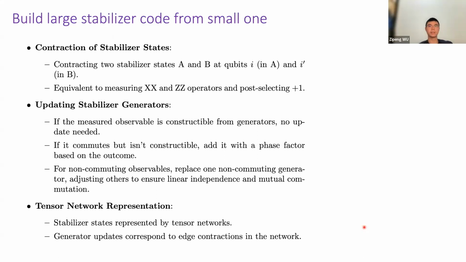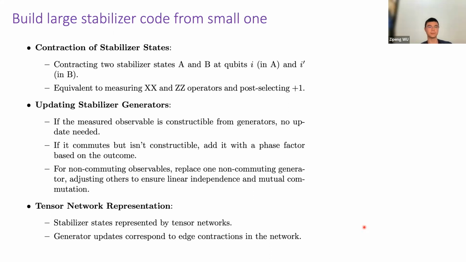The idea is that suppose I have a stabilizer state A and a stabilizer state B. We want to fuse the qubits I in A and I prime in B. The procedure is that we perform the measurement of the XX and ZZ operators on these two qubits and post-select the +1 result. Then the resulting state is still a stabilizer state, and these two qubits will be projected into the Bell state.